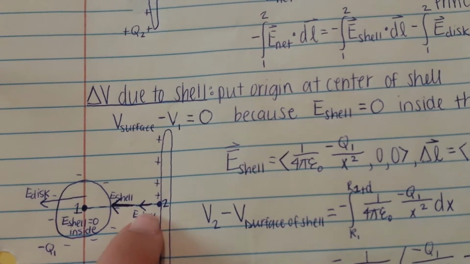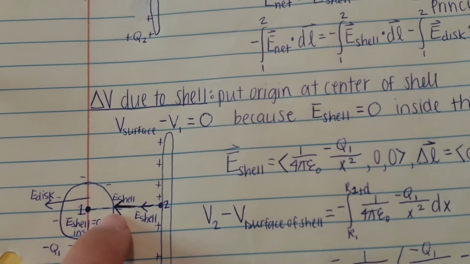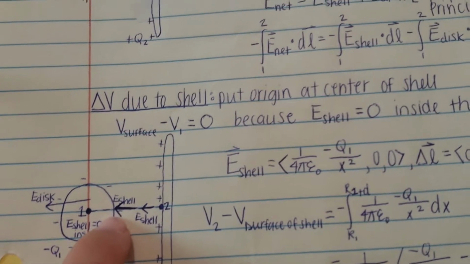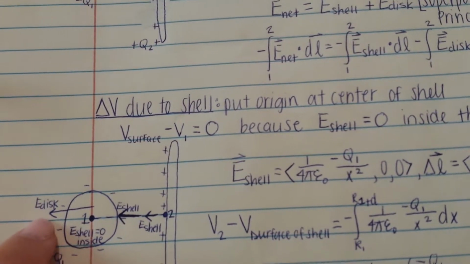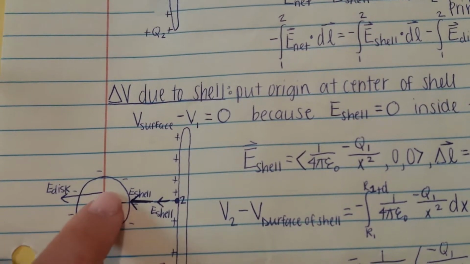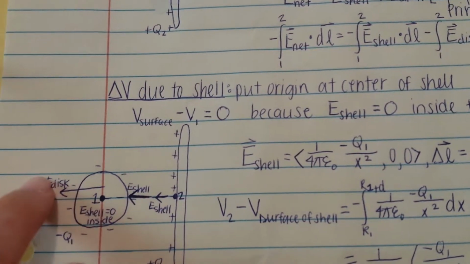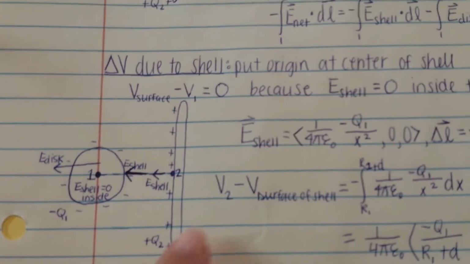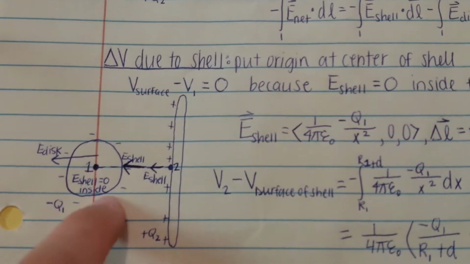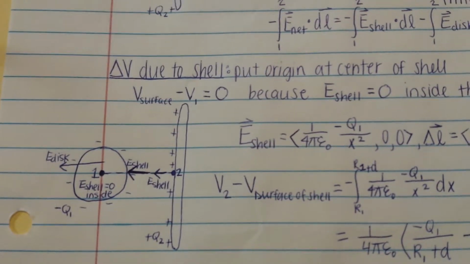And here you can see the magnitude's a little bit smaller as it gets closer towards the shell. It's greater, and then the electric field for the disc is pointed outwards all along this path away from the disc, because these positive charges are going to attract to this negative sphere here.